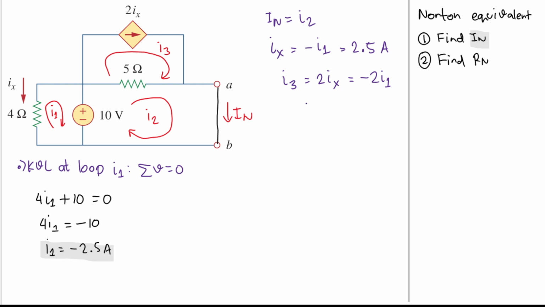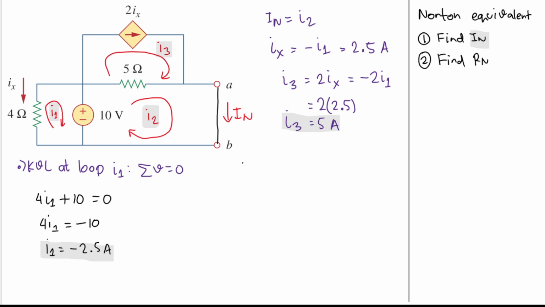I3 is 2Ix, so 2 multiplied by 2.5, or you can use minus 2 multiplied by minus 2.5, which gives the same result. So I3 is equal to 5 ampere. So we have I1 and I3. All we need to do is find I2.